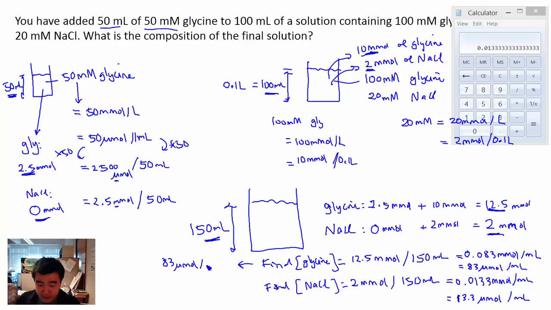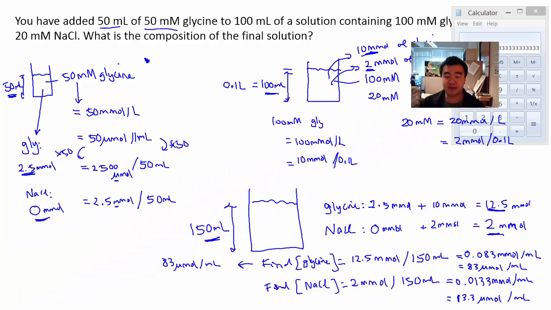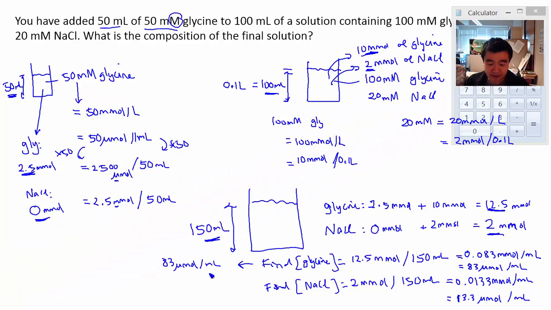83 micromoles per milliliter. But let's convert it back into a big M format, and a big M format is moles per liter. So this side needs to be liters, and this side needs to be moles. We've still got mils here. This is saying that in 1 mil of this solution, there are 83 micromoles.